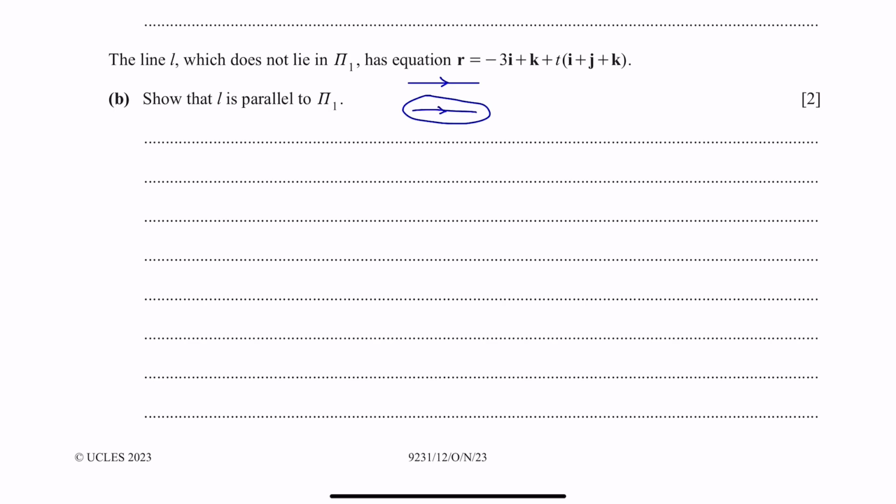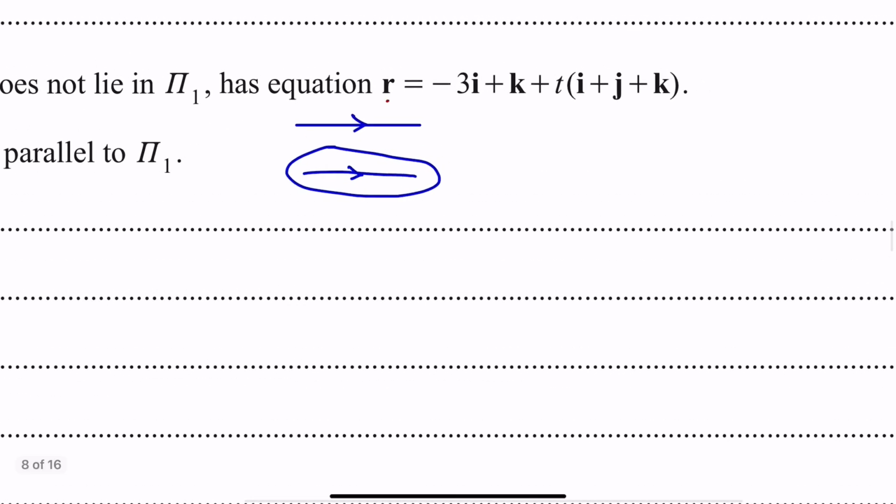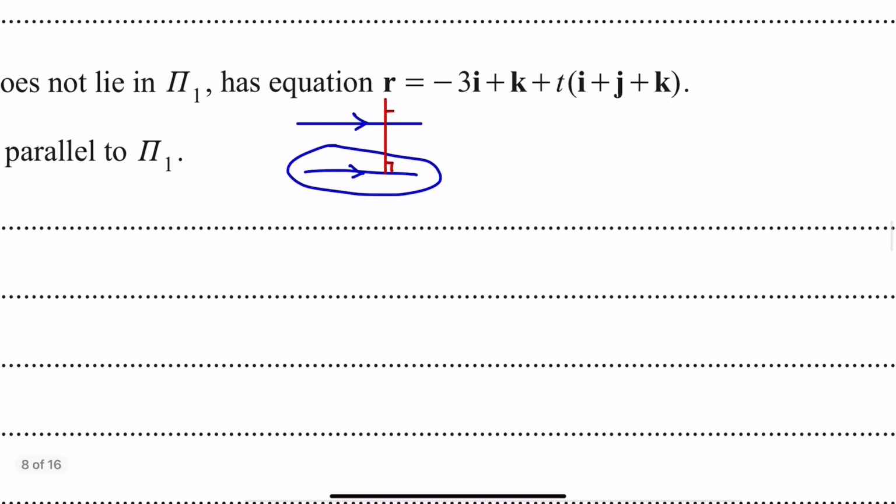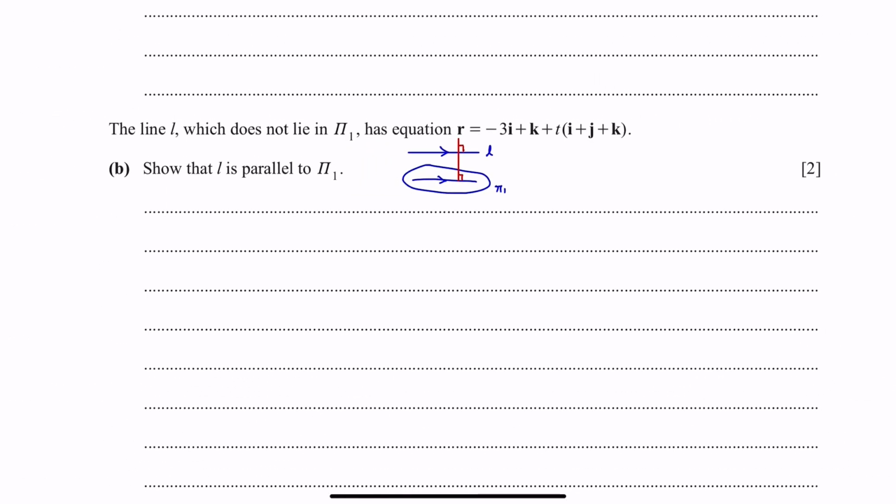It means that, let's say this is the normal vector of the plane, the normal vector is also perpendicular to the line L. So now we just have to prove that line L and the normal vector are perpendicular to each other.